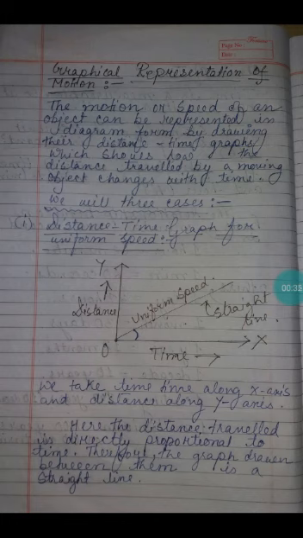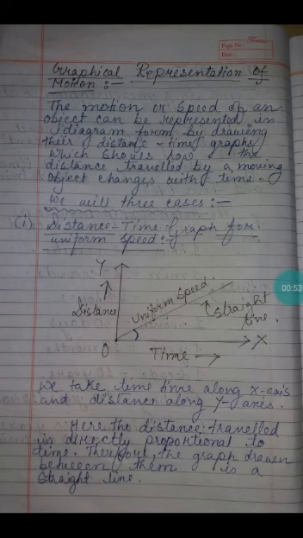So we'll draw distance time graphs and see how a moving object can be represented by them, that is, how the distance traveled by a moving object changes with time.